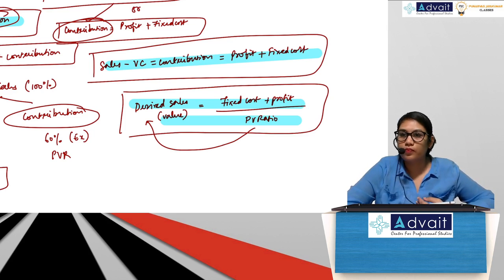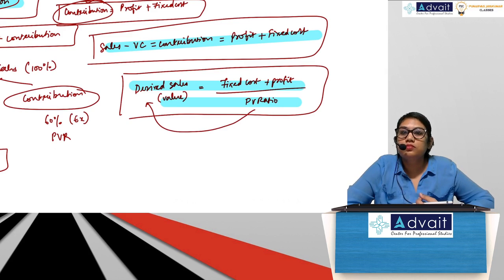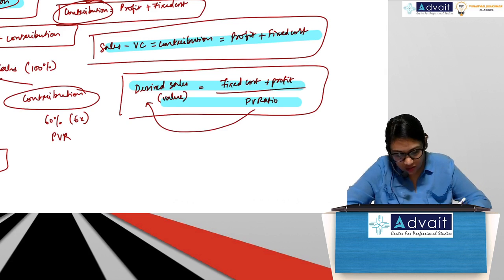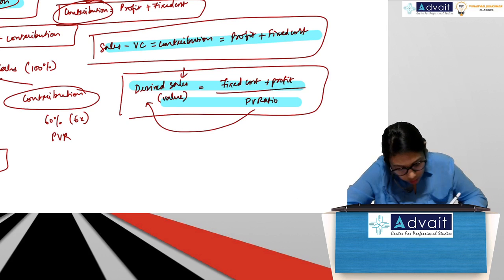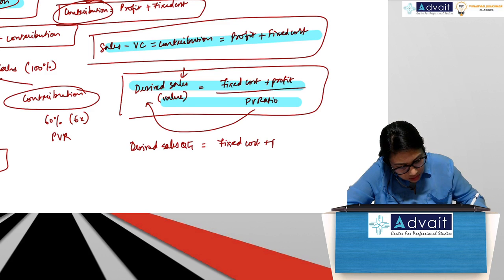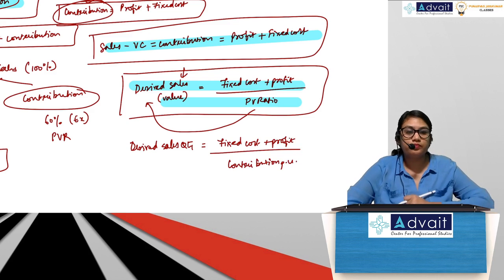Correct? Okay. Suppose the same formula. I want sales quantity, not sales value. This is value, right? I want sales quantity. Then what will I do? Desired sales quantity will be fixed cost plus profit divided by contribution per unit.